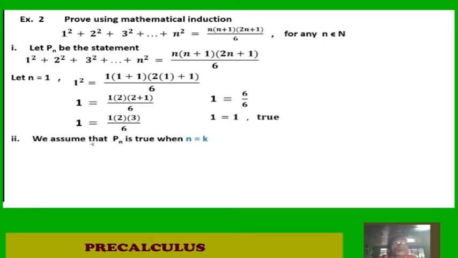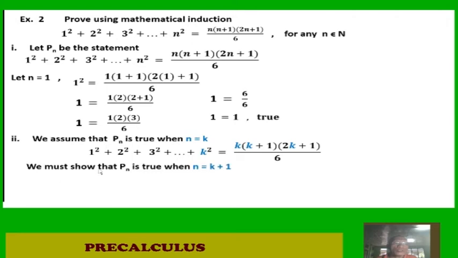Next step, we assume that P of n is true when n equals k. So we replace n with k. Next, we must show that P of n is true when n is equal to k plus 1.